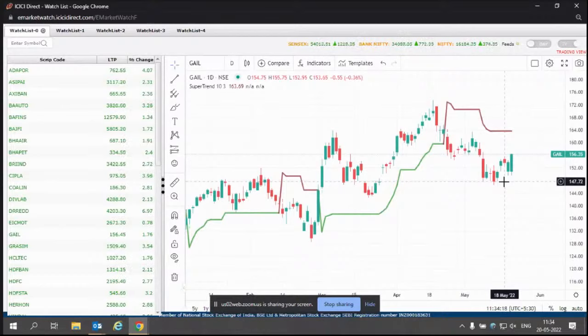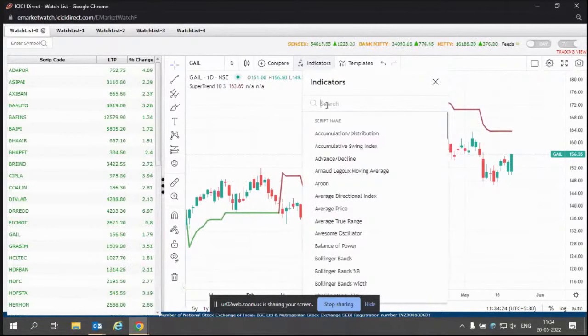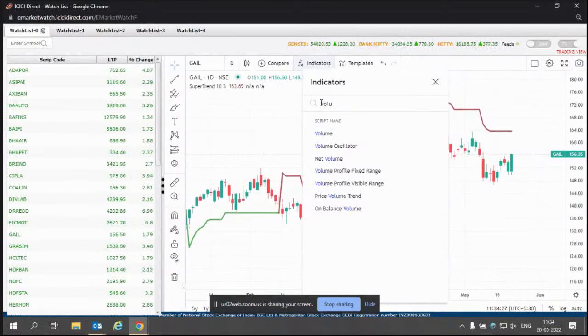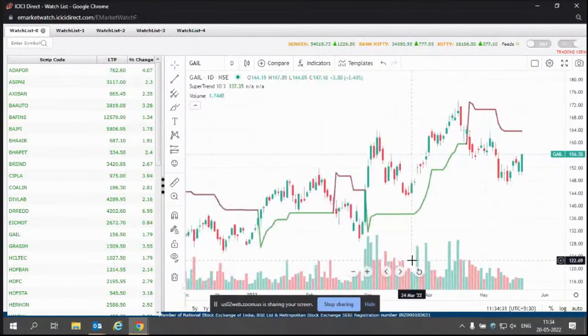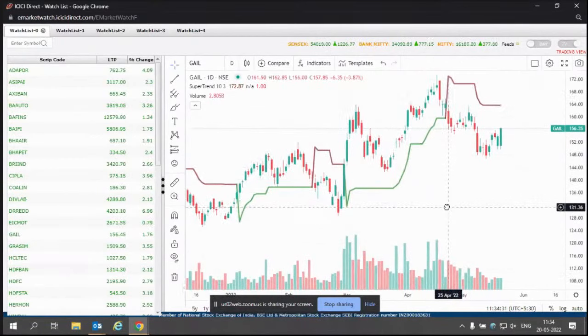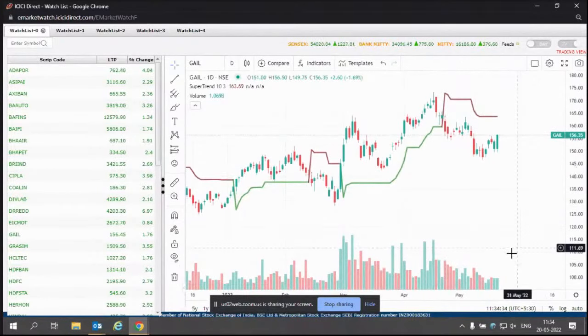Apart from that, sir, I would also like to highlight for all of you the volume indicator. Volume is the most important parameter in technical analysis. A stock moving with strong volumes and strong breakouts is considered to be one of the trends which can sustain for longer time frames.